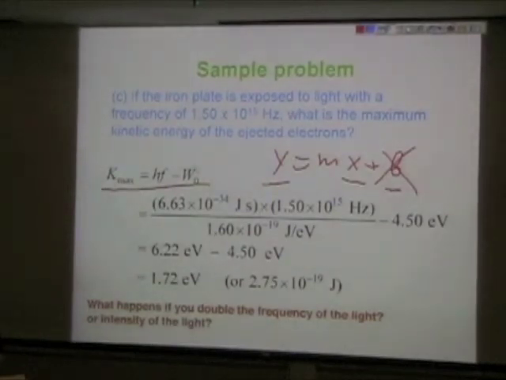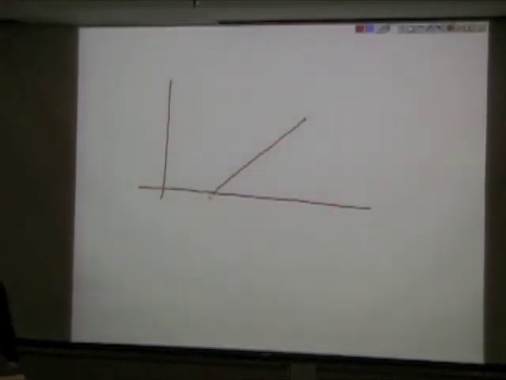However, b messes it up. Because the work function is never 0, your graph for kinetic energy as a function of frequency looks like this. So it doesn't go through 0. So that's what the question is basically about. That's your particular relationship between the maximum kinetic energy and frequency.